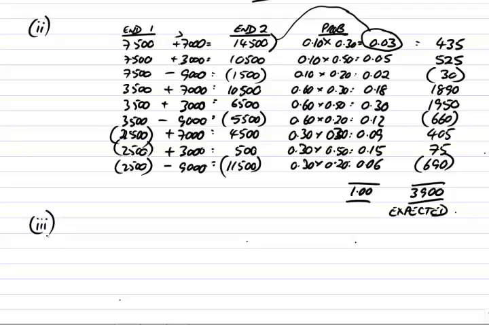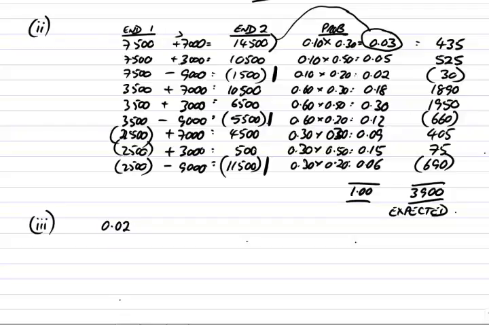Part 3 says, what's the probability of a negative cash balance at the end of period 1? Period 2, I beg your pardon. Well, negative cash balance occurs here, here, and here. So the 3 possible negative balances, and the probability of minus 1,500 is 0.02.